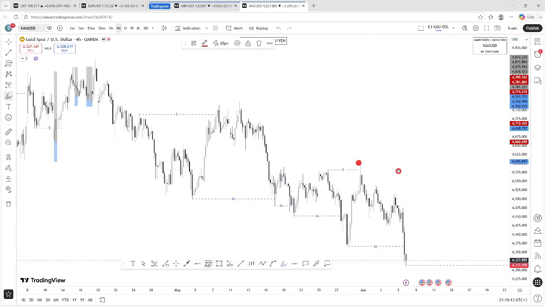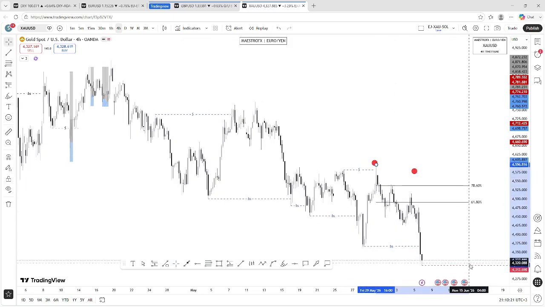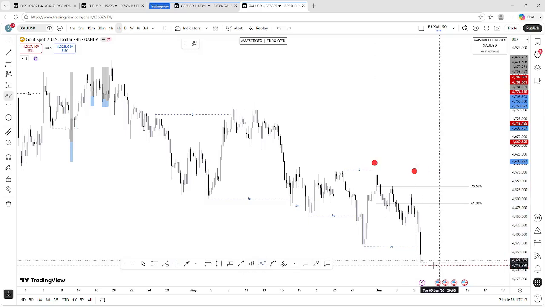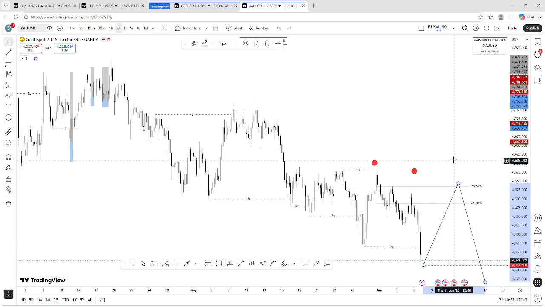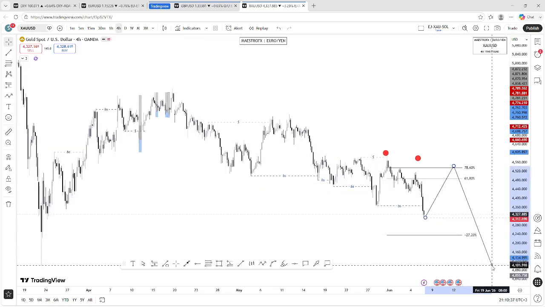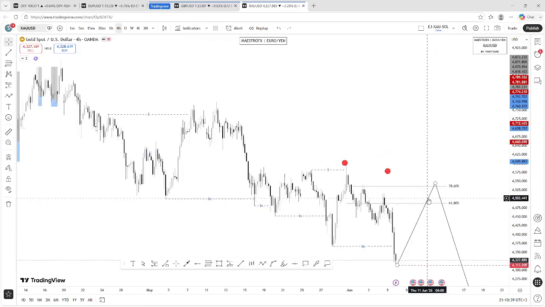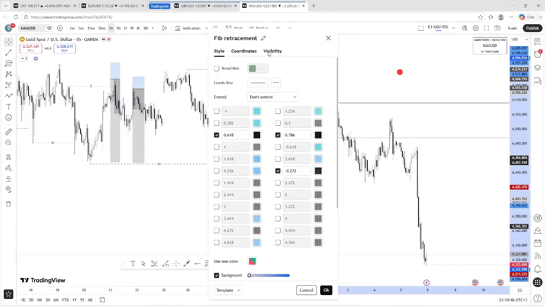Yes, and so as usual, I'm anticipating a correction to at least, yes, 61.8 or 78, and take all these liquidities before we head down and take the daily liquidity we have down here. Yes, let's head over to the 1 hour time frame and see what happened.